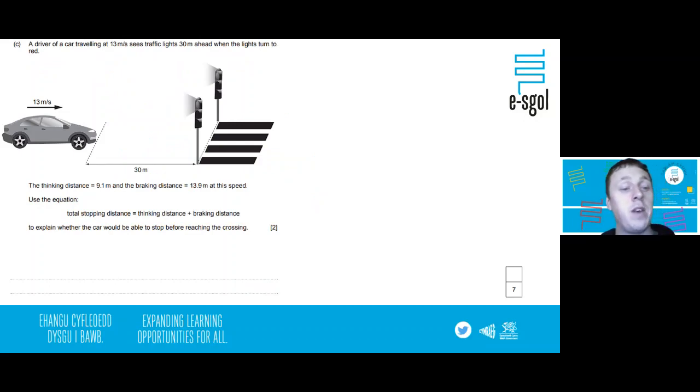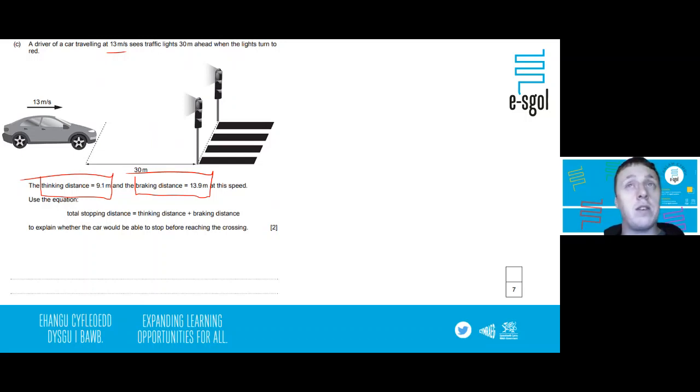Part C. Again, we have some of this information given to us at the bottom here, the thinking distance and braking distance again, so make sure you see it clearly, see what's given. And we now have a driver of a car traveling at 13 meters per second, sees the traffic lights 30 meters ahead when the lights turn red.